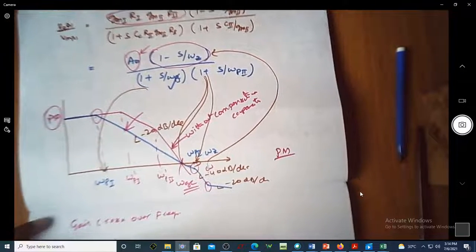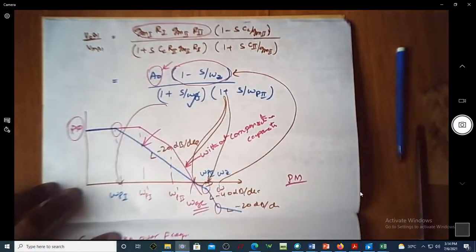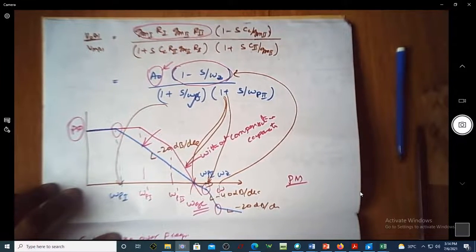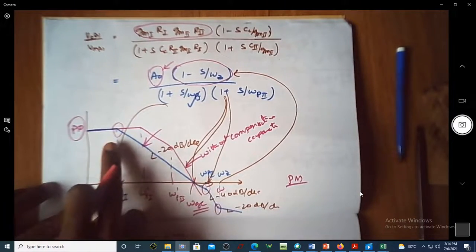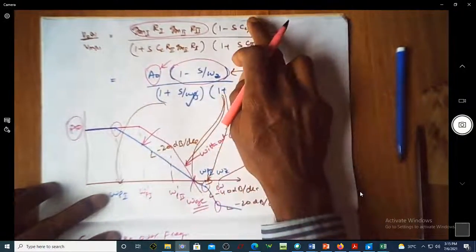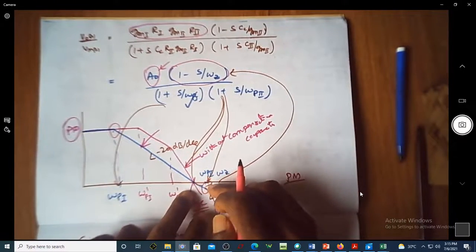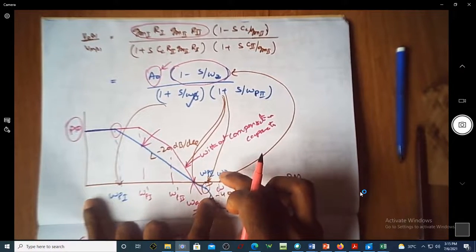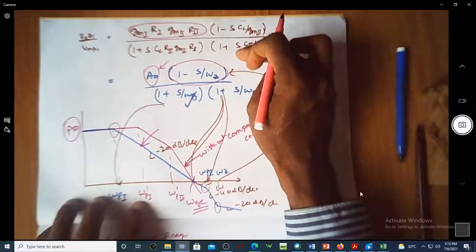At omega equal to omega GC, the terms contributing are only GM1 R1, GM2 R2, and the other term corresponding to this. Why only this term? Why are these two terms not contributing at this frequency? Because at this frequency the contributions of omega P2 and omega Z are actually 0, since they are in time constant form. They are not contributing at this frequency.